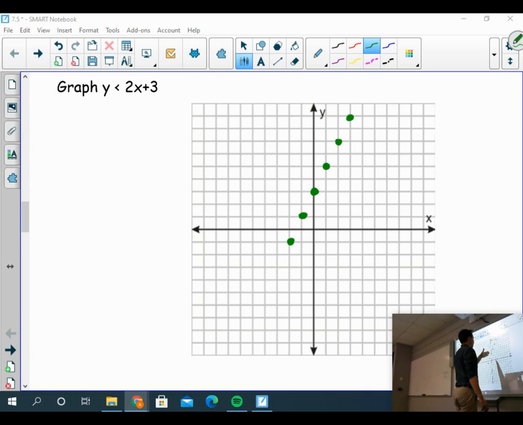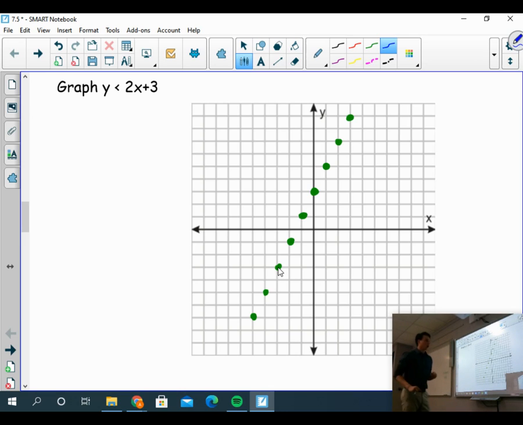We're going to go up 3, then up 2 over 1, up 2 over 1, or down 2 left 1, down 2 left 1. And again, I think what's helpful in this is if we think about our goal, which is that our graph represents all the potential values that make this inequality true.